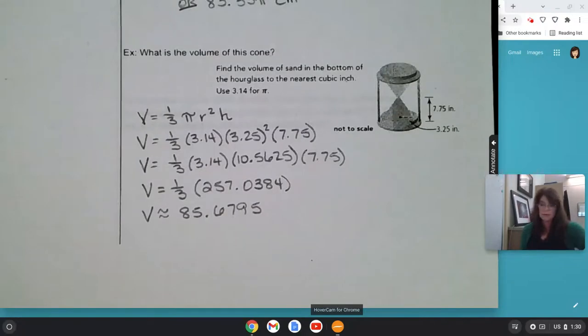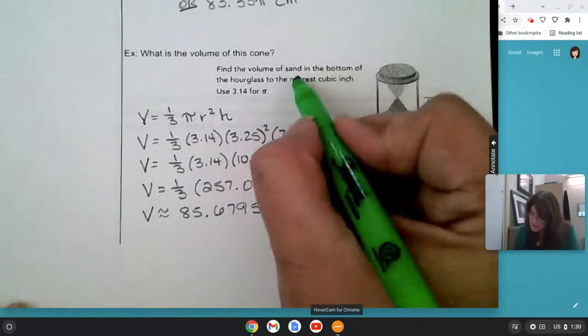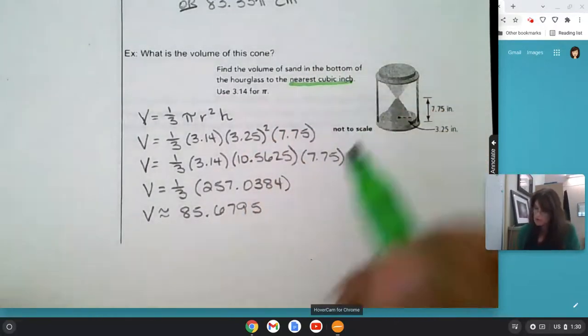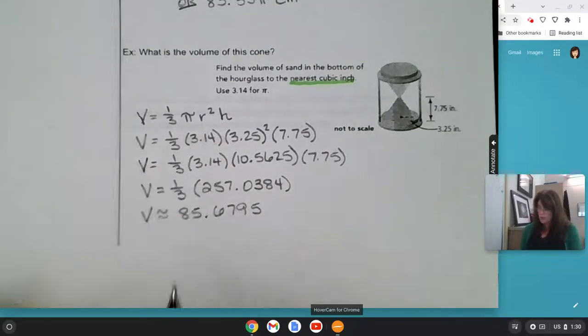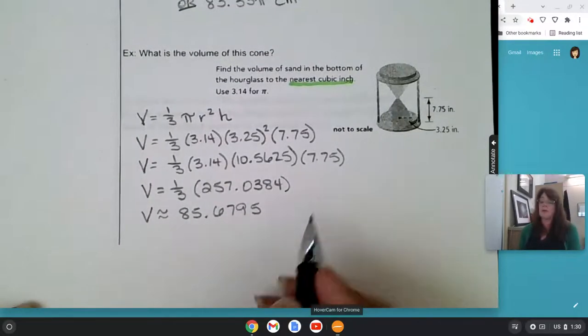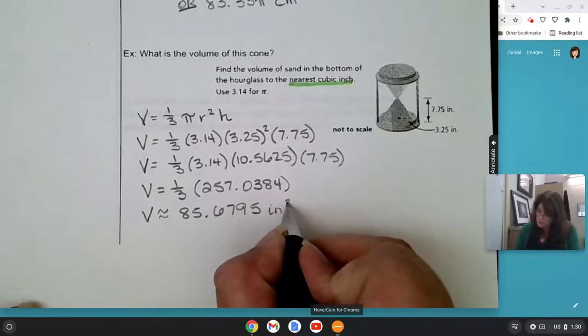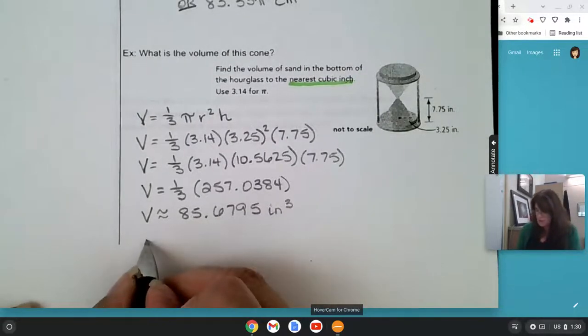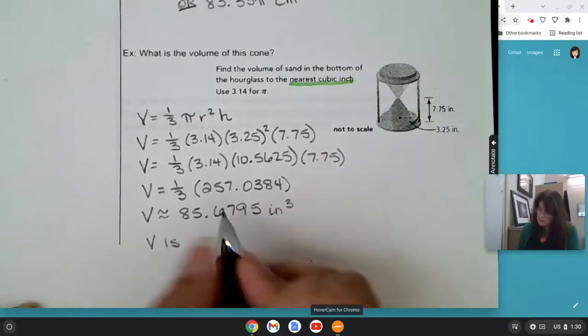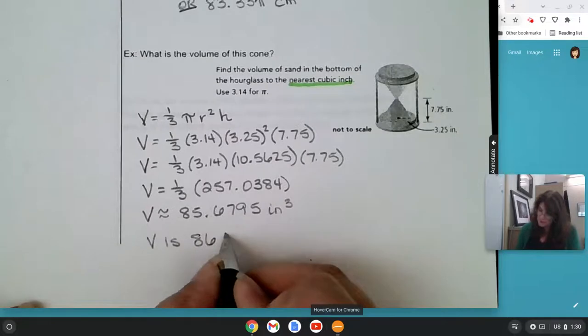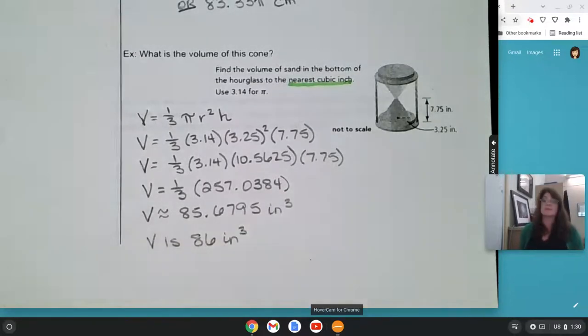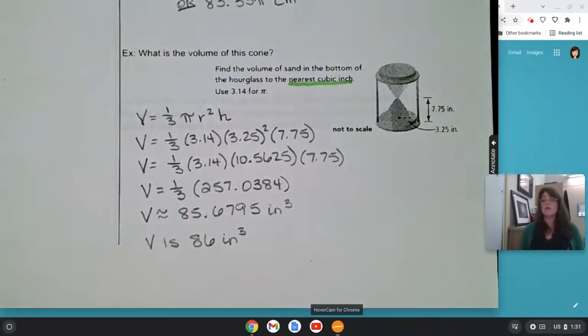But remember, let me use a different color. Remember, it said nearest cubic inch. So although we have a very accurate answer here, our final answer is going to be volume is 86 cubic inches.